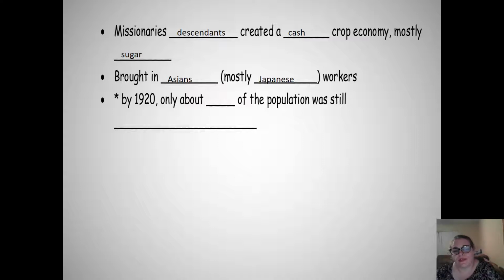It gets bad enough that by 1920, only about 20% of the population was still Native Hawaiian, which means out of everyone living on Hawaii in 1920, only 1 in 5 of them was actually Native Hawaiian. So 4 out of the 5 were descendants of someone from somewhere else.